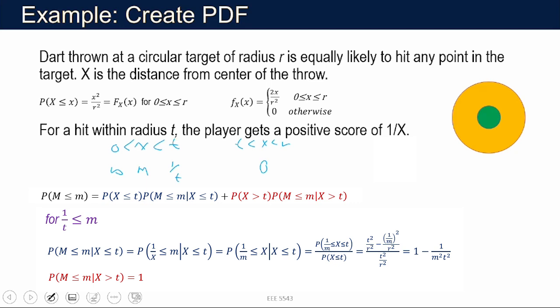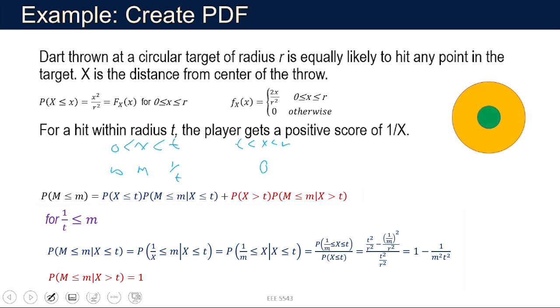So now looking at the first range of monetary compensation, the first term is just the cumulative distribution with t plugged in for x. The second term is the conditional, which we can break down using what the conditional is, and we can say that that's the intersection divided by the probability of x less than t. And because we don't know what m is, we can plug in that m is 1 over x, and then we can get the intersection just in terms of one variable x.